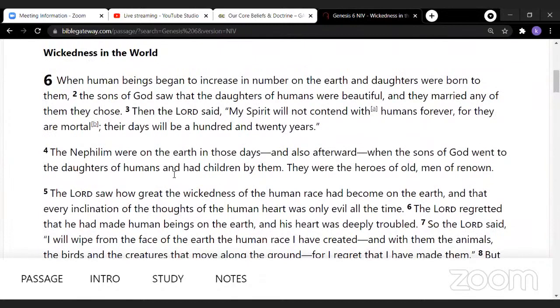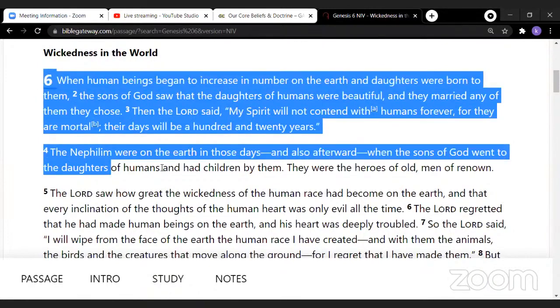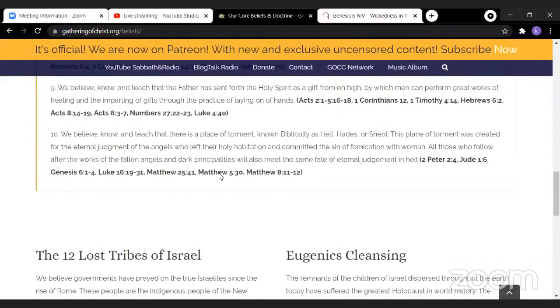So this is where they're getting their doctrine from, Genesis 6, 1 through 4, and the rest were New Testament verses, which is consistent with what we saw in Brown Driver Briggs, post-exilic Babylonian and New Testament.